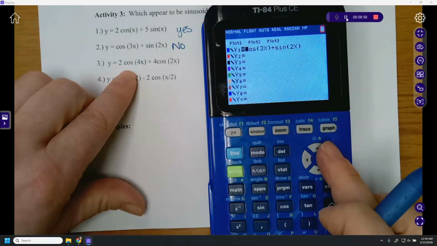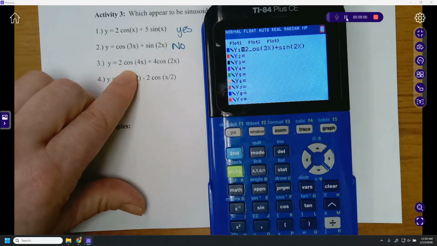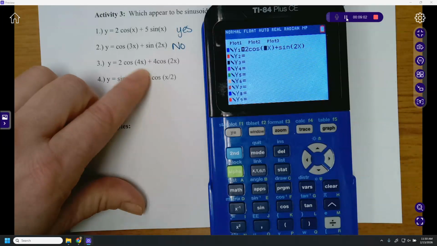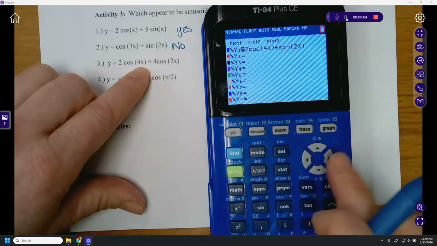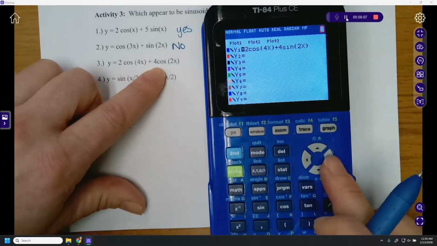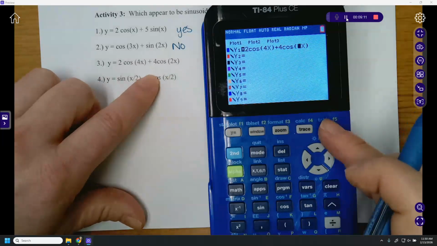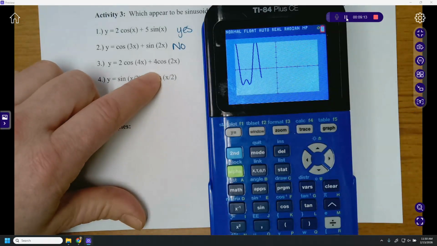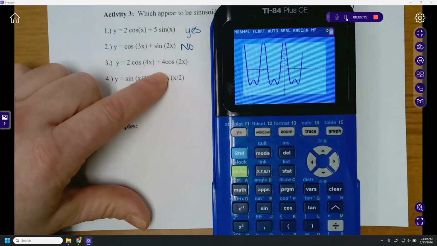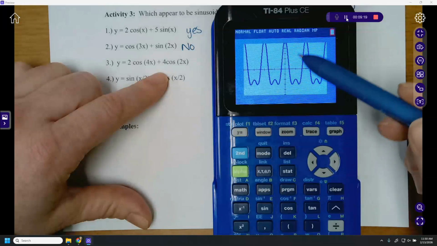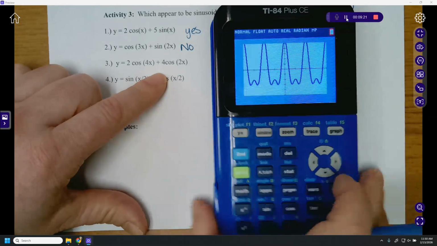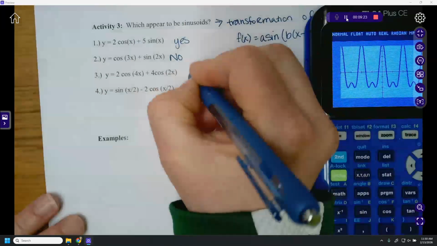All right, we've got 2 cosine 4x plus 4 cosine 2x. Okay, so once again, cool looking pattern, but this does not look like a sine function. There's no consistent amplitude. It's again periodic, but not a sinusoid.